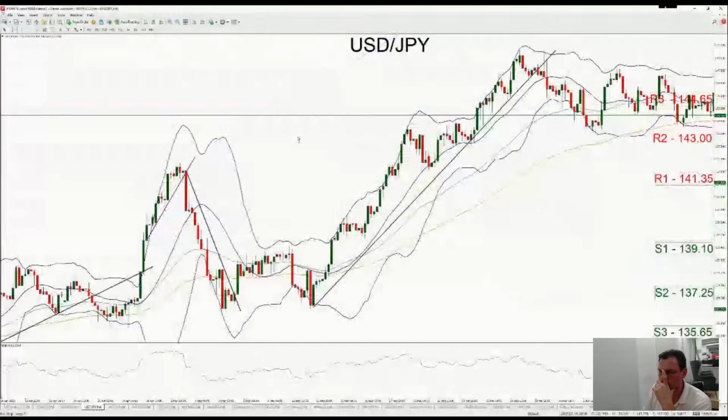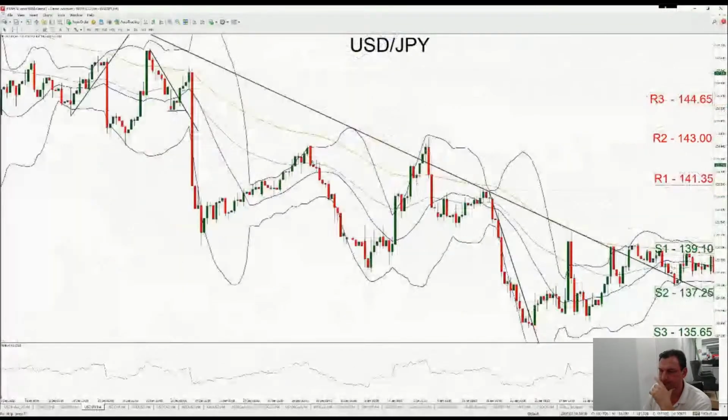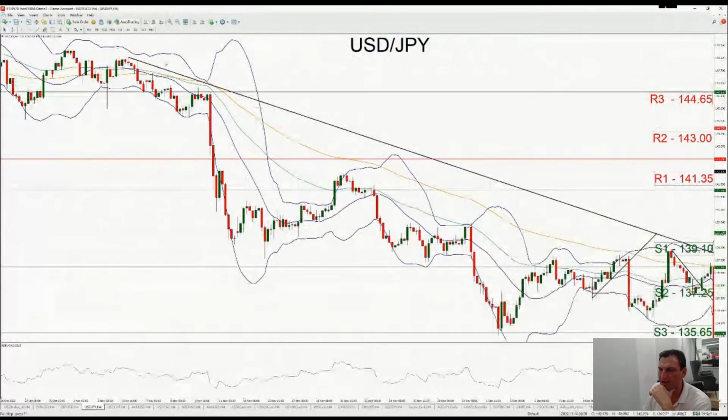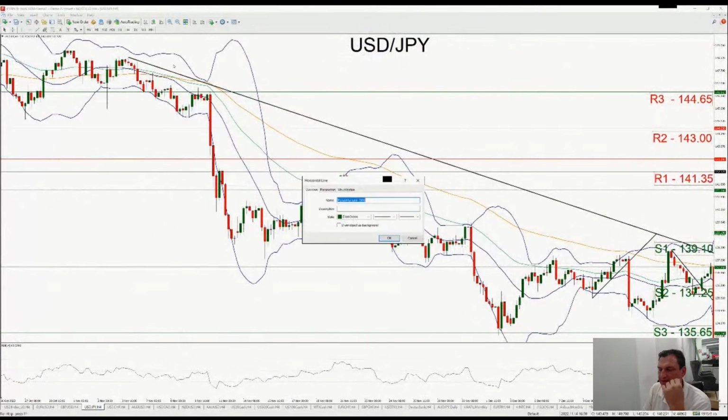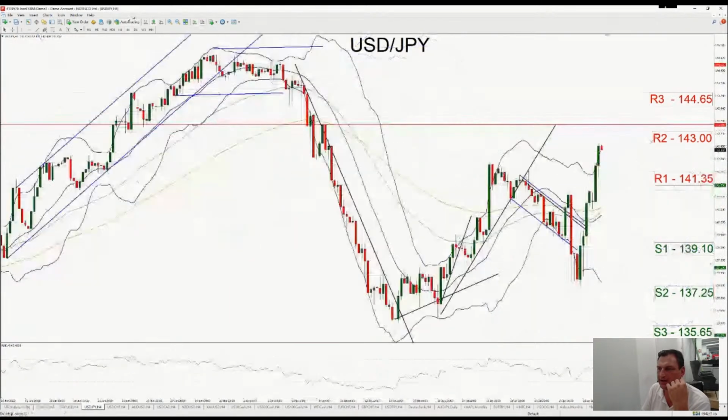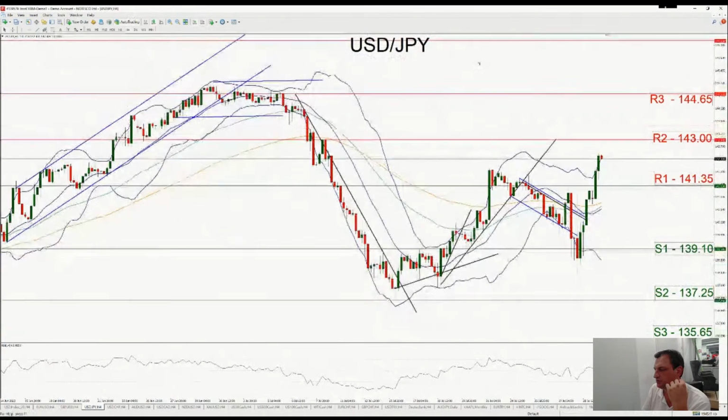Going back. USD/JPY has suffered from the BOJ's interest rate decision and the idea of a more flexible yield curve control policy, which would also, in my opinion, be managing market reactions.